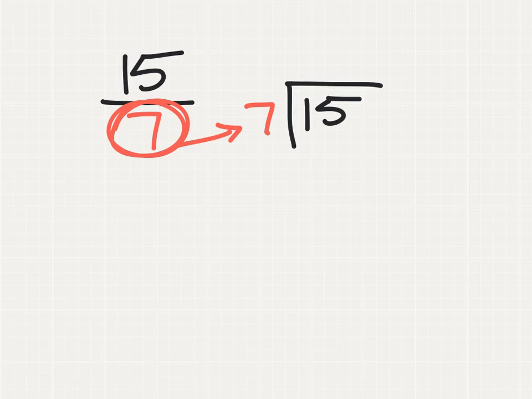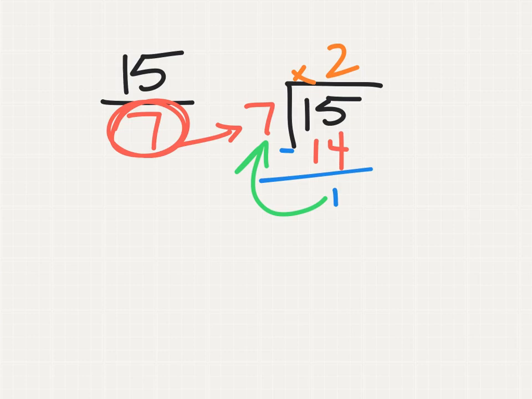How many groups of 7 can I make from 1? Well, I can't. But how many groups of 7 can I make from 15? And it looks like 2. 2 times 7 is 14. 15 minus 14 is 1. 1 is less than 7.